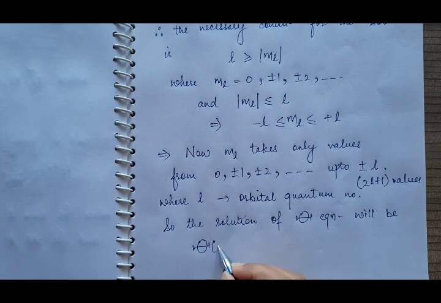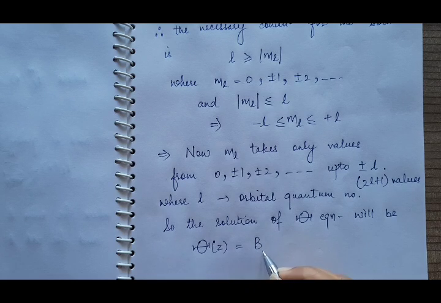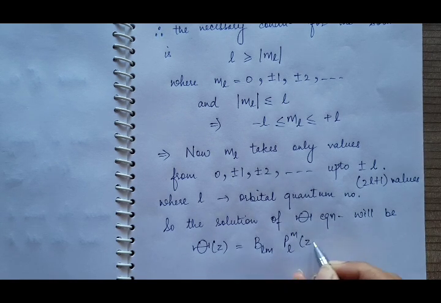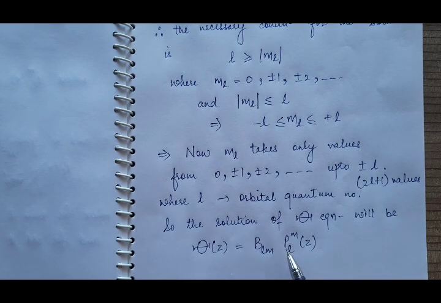So now theta is a function of z, and it will be some constant B_LM multiplied by the associated Legendre polynomial P_L^M(z).